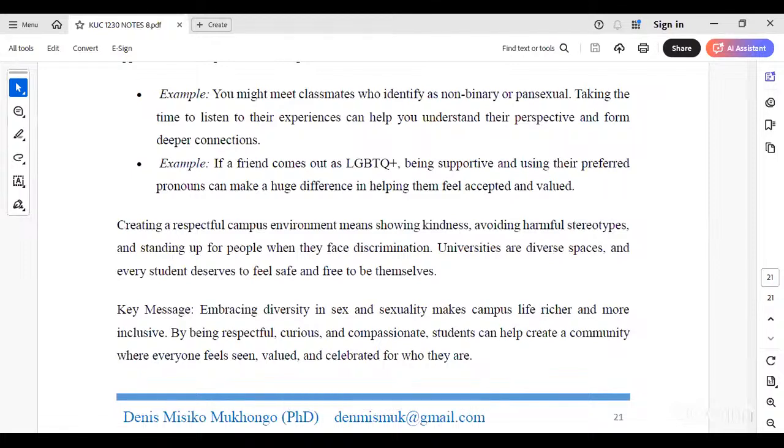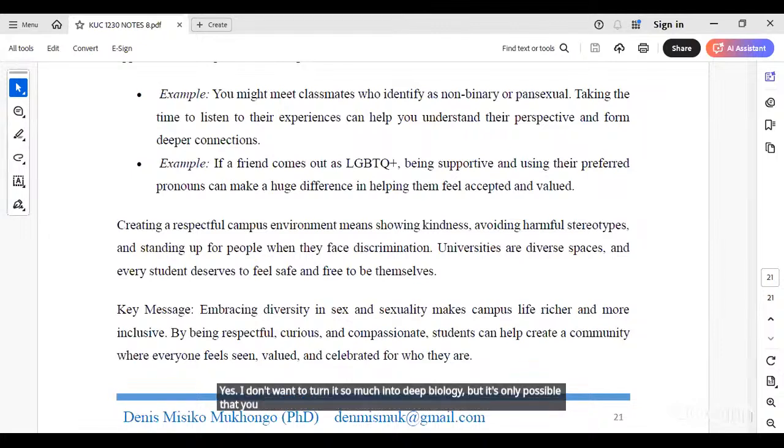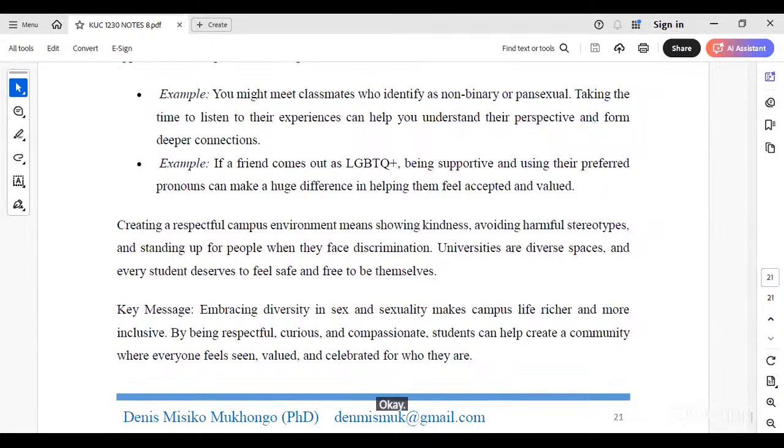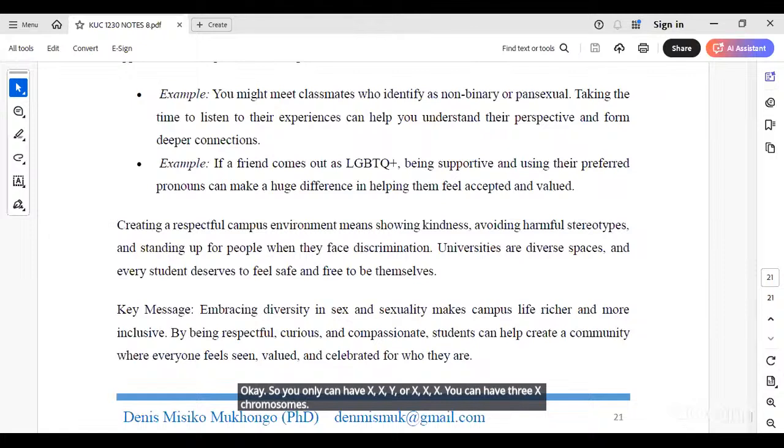I don't want to turn it so much into deep biology, but it's only possible that you have 2 X chromosomes, but not 2 Y chromosomes. So you only can have XXY or XXX. You can have 3 X chromosomes, but you cannot have, for example, XYY. Very few such cases were recorded, and most of them do not survive, they die very early.